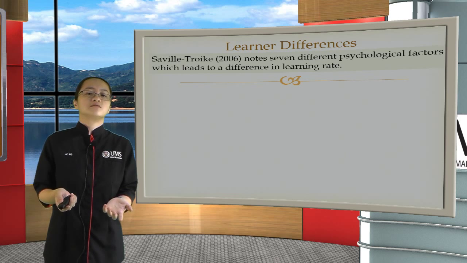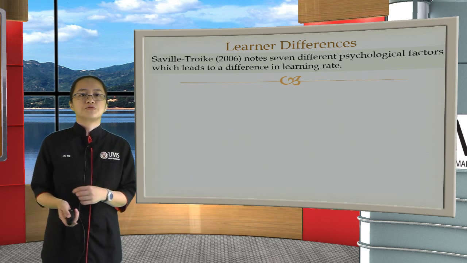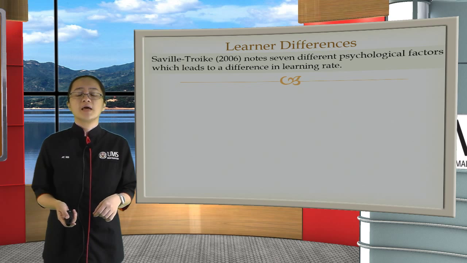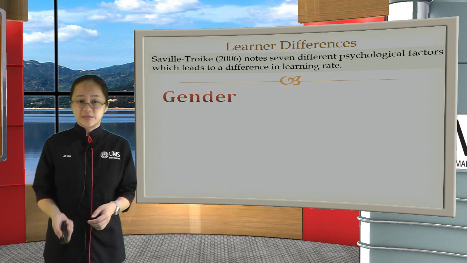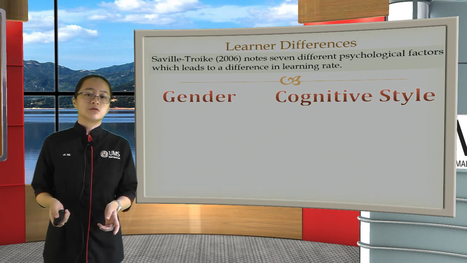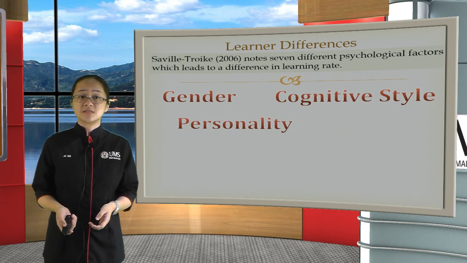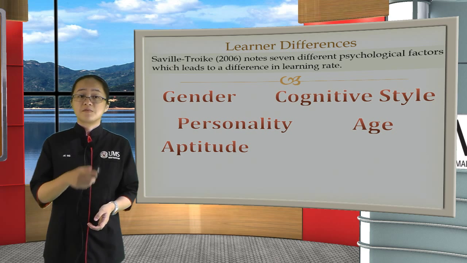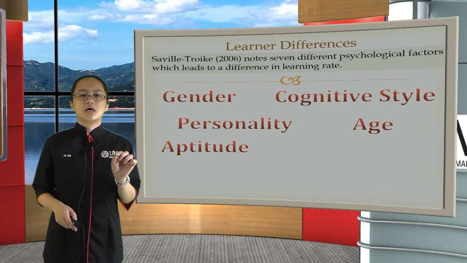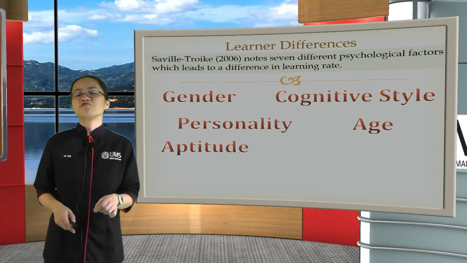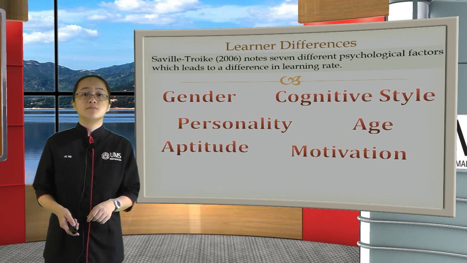There are 7 different types of psychological factors which Skehan has identified in terms of influencing learning rate. First, we have gender. Then we have cognitive style, personality, age, aptitude, which is one of the major key points in actually affecting or influencing L2 learning rates, and motivation.